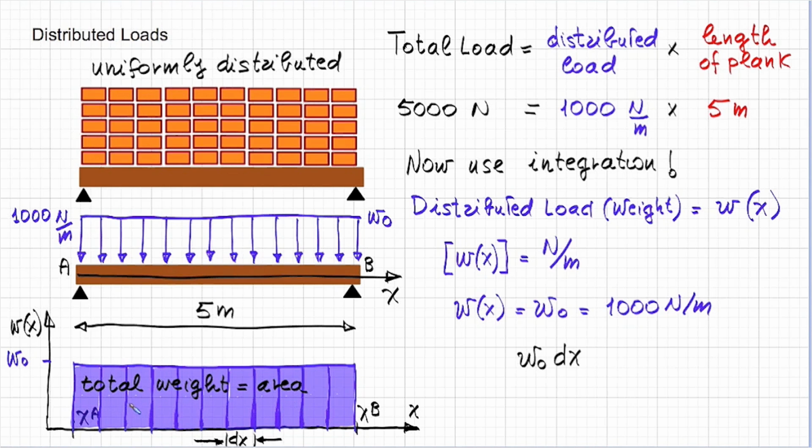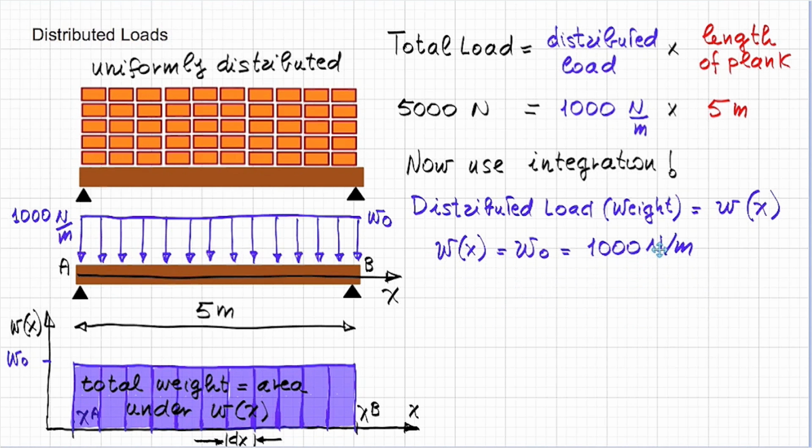So the total weight of the bricks is going to be the total area under this curve. The area underneath w of x between xa and xb is the definition of the definite integral of w of x between xa and xb.